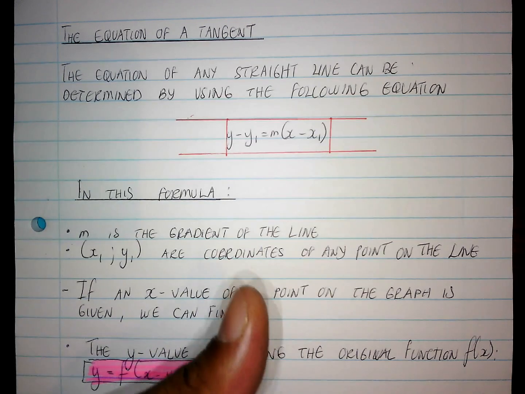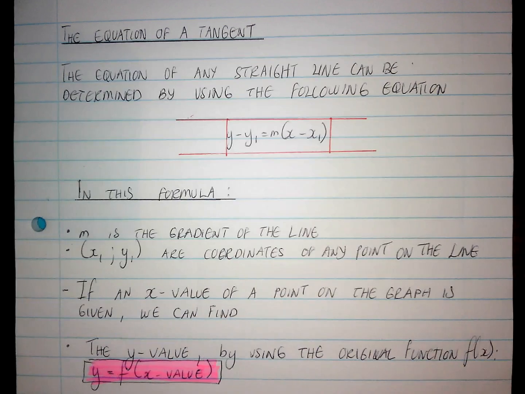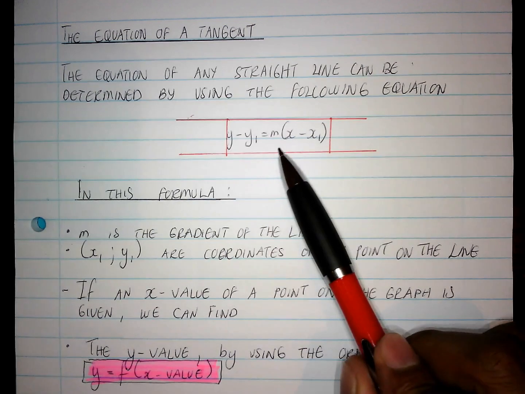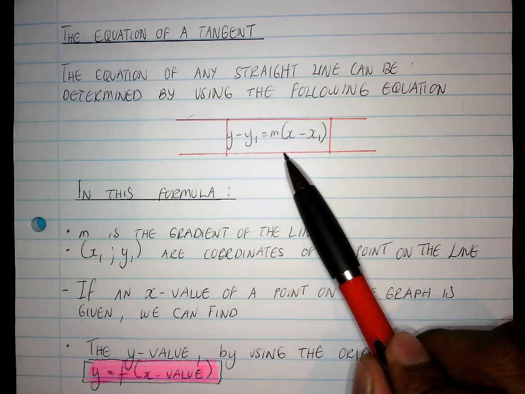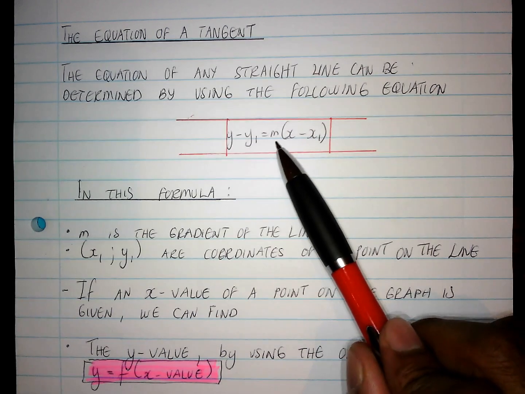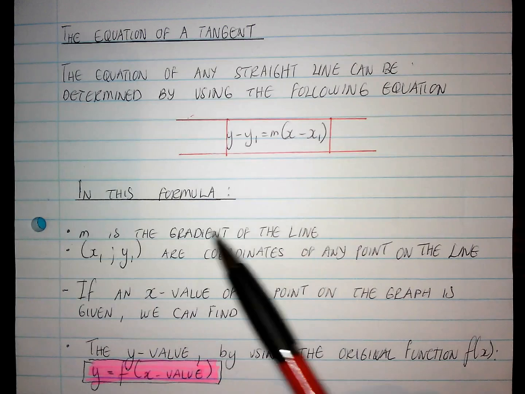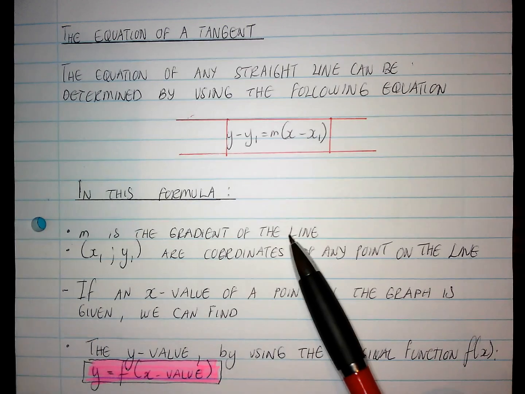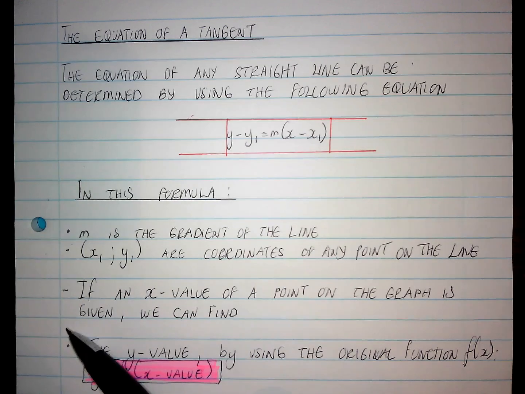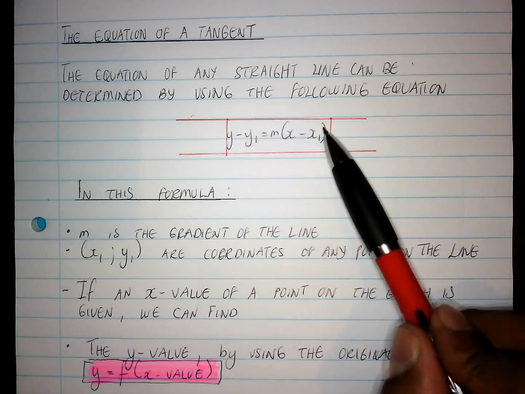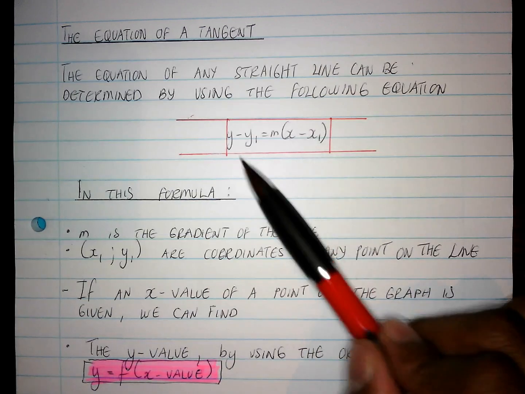So it's going to be y minus y1 is equal to m multiplied by x minus x1, right? So now if you can check here, we have m. So m is going to be the gradient of the line, right? Then x1, y1 are the coordinates of any point on the line, right? So meaning that this is going to be the equation of your straight line.